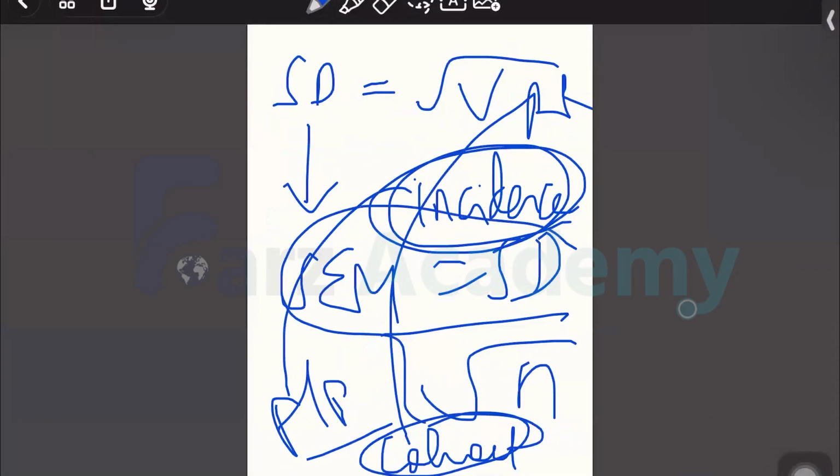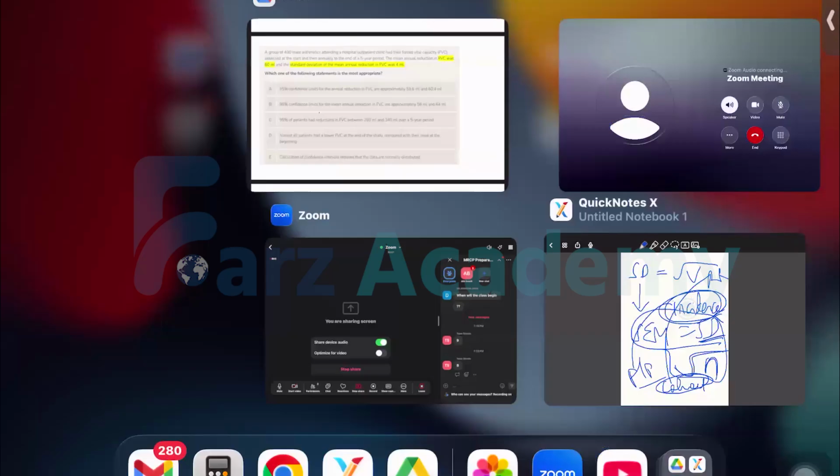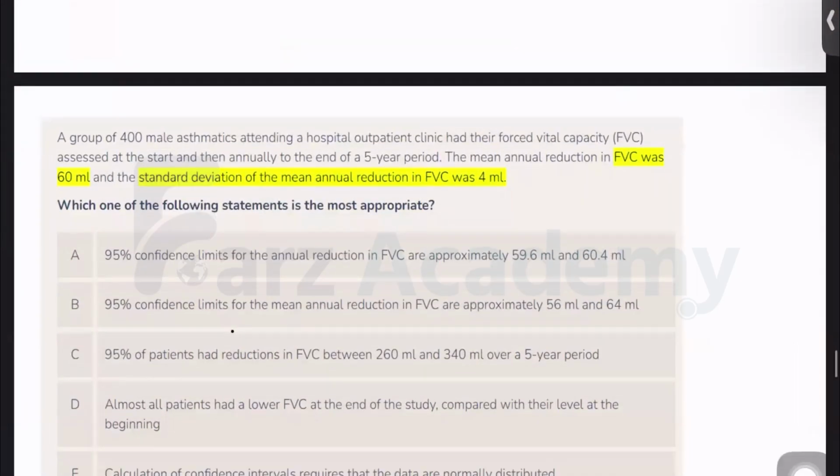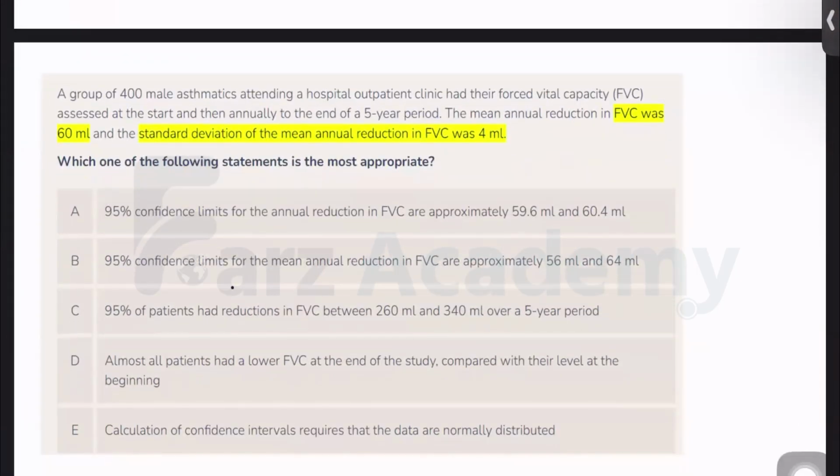Standard error of mean is standard deviation upon root of n. The word is confidence limits. Wherever you see population, wherever you see confidence, your standard deviation gets replaced by standard error of mean.